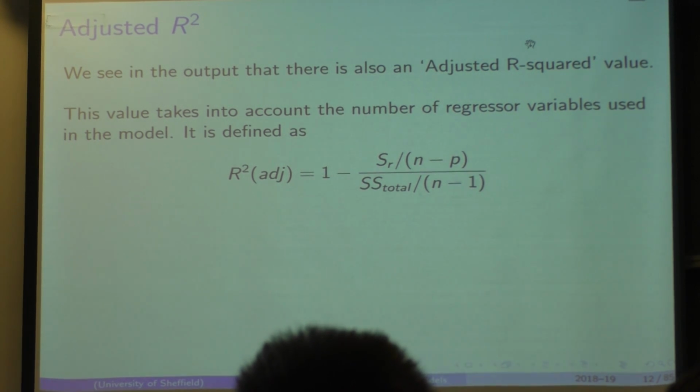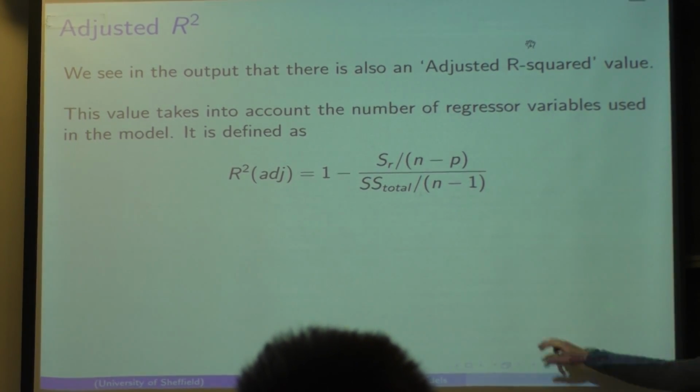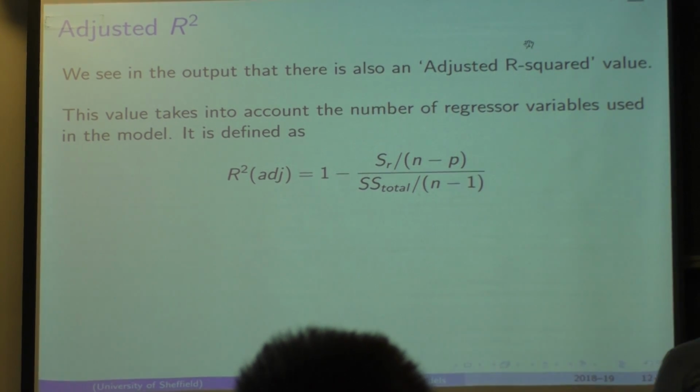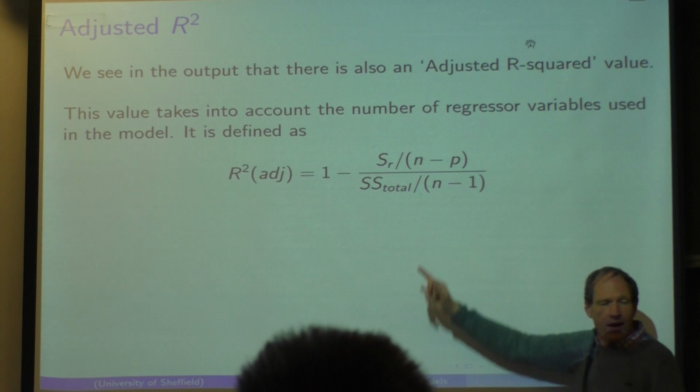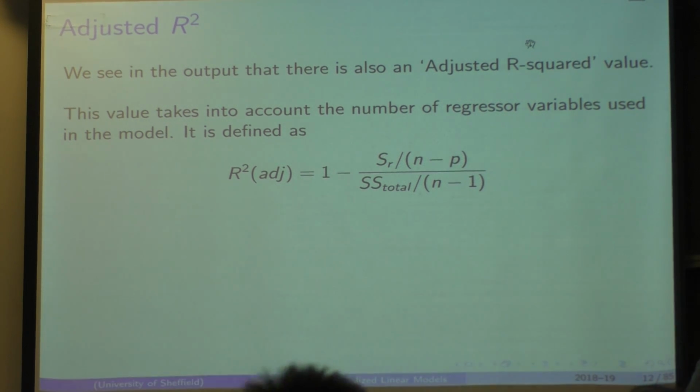Okay, so n here is the number of data points, the number of observations. p is the number of parameters that we're fitting in our model. 1, of course, is the number of parameters that we fit in that model that only has a constant term. So in each case here, we're dividing by n minus the number of parameters that we fitted in the appropriate model.